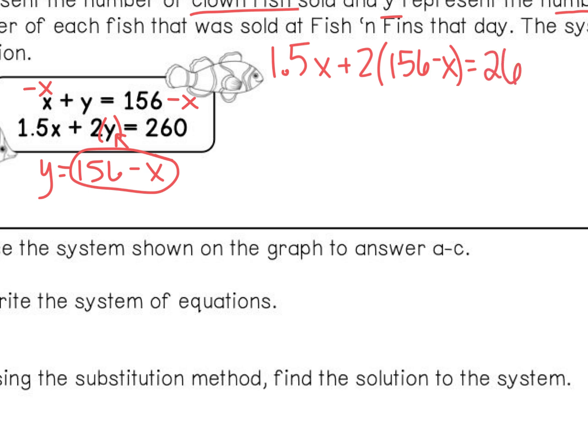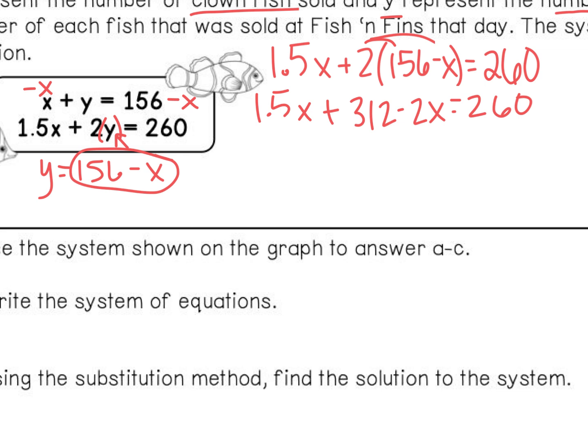Okay? So once you've set that up, now we can do the same steps we did before. So we're going to have to distribute. 2 times 156 was 312 minus 2x equals 260. And then we're going to do our collecting like terms and such.